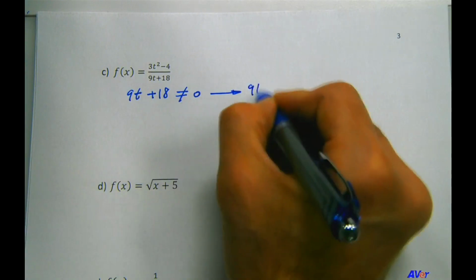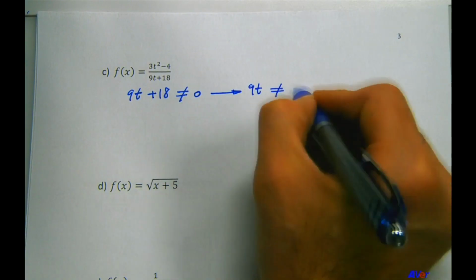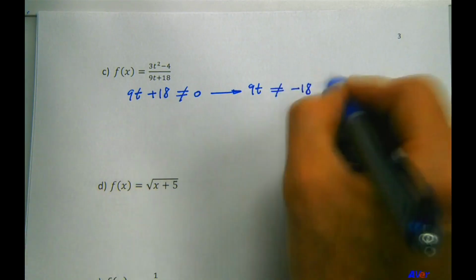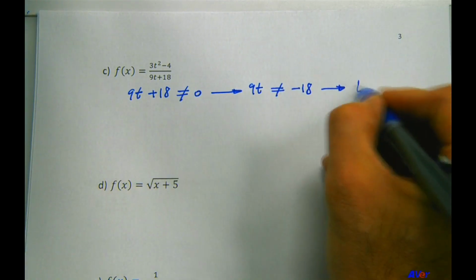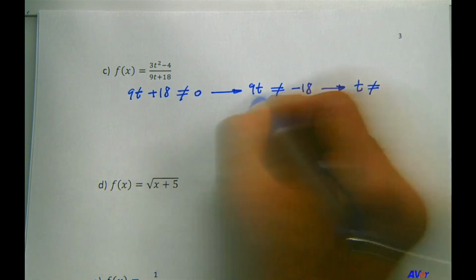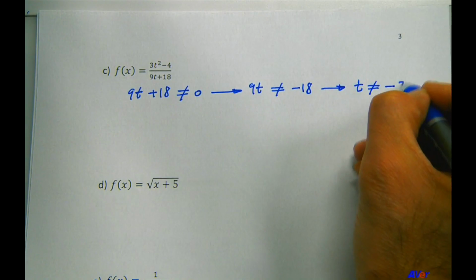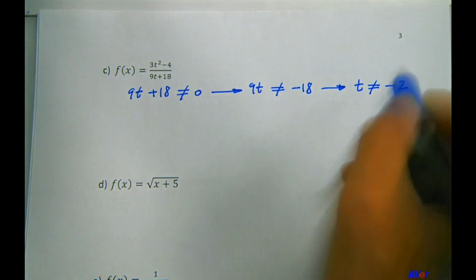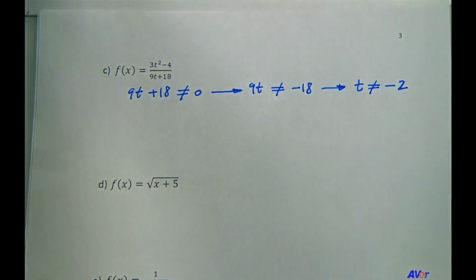So 9t cannot be equal to negative 18. Therefore, t cannot be equal to minus 18 divided by 9, minus 2. So in the domain, everything is included except negative 2.